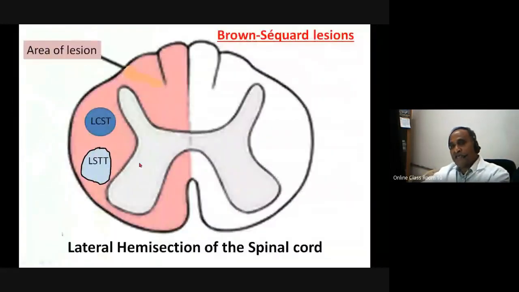If you go back here, if it is cut here, all the sensations carried by the posterior root are abolished. The descending tract coming from the same side, the lateral corticospinal tract, is lost. And all the motor information going here is lost.